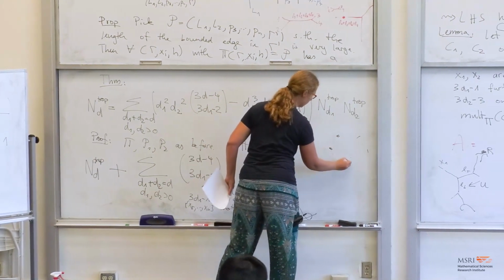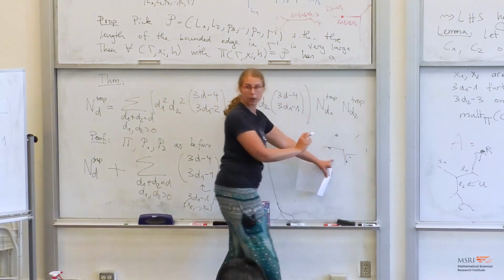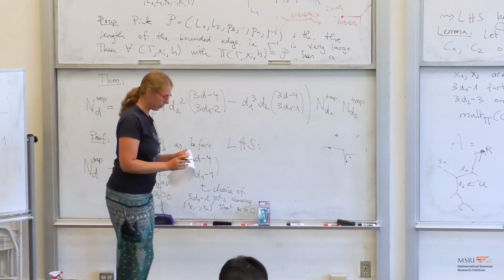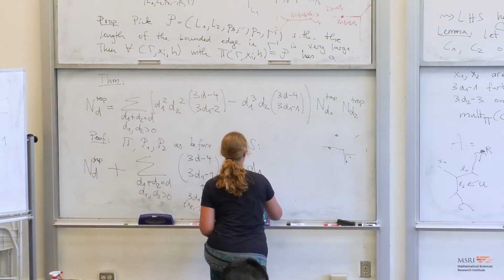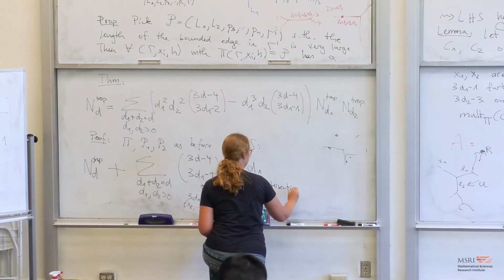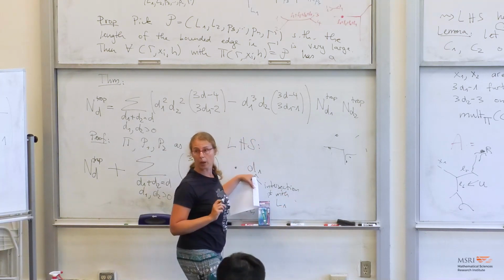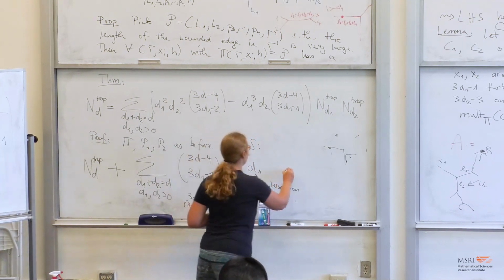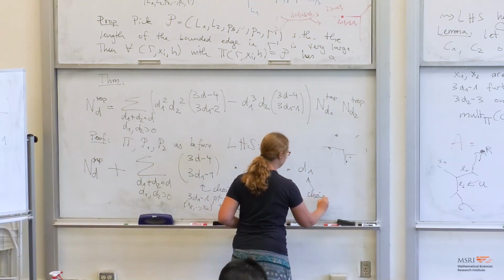I choose from the 3D minus 4 those 3D minus 1, and I draw my tropical curve C1 through those, right? Then I have a choice of intersection point with L1. Okay, and this is where I put my mark x1. Then I have a choice of intersection point with L2.